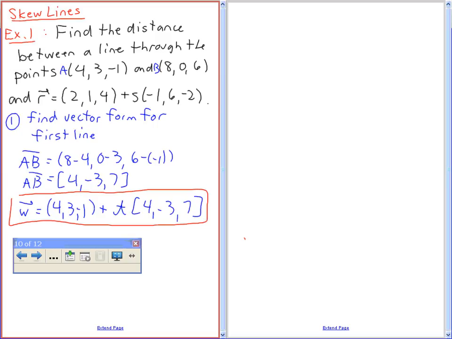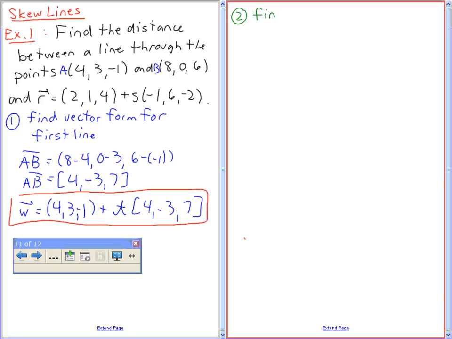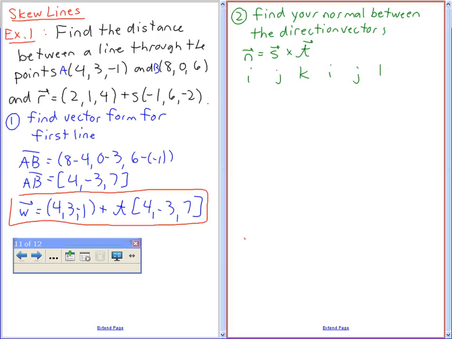Number 2, this in green, is to find your normal between the direction vectors. So this is going to be S cross T. What's my direction vector? 4, and I'm just putting a -1.